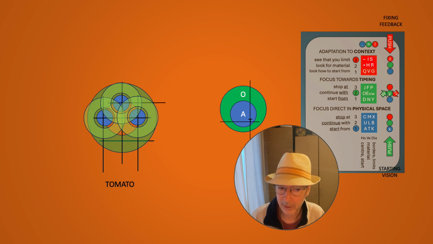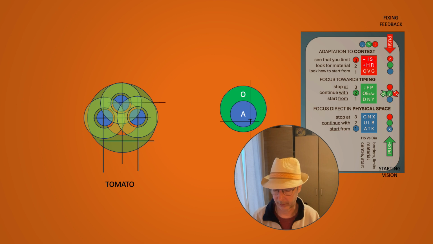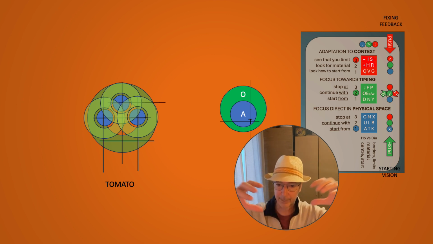But tomato is O and A combined, and the T is the position that you start from. So you have that position of T, which goes into O, the environment where it grows. Then the A goes into the M. M is the three-part position that breaks open into a materializing form, into three forms.